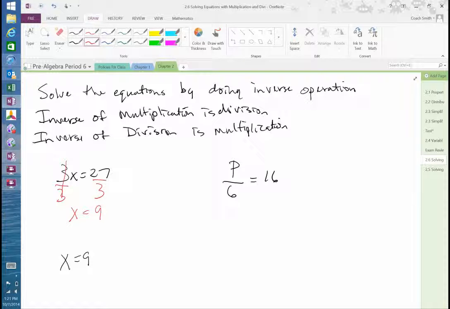Okay, what about the other one? P over 6 equals 16. Gracie? 96, that is correct. The reason it's 96 is because you multiply by 6 on both sides. That cancels, leaving me with P equals 6 times 16, which is 96.